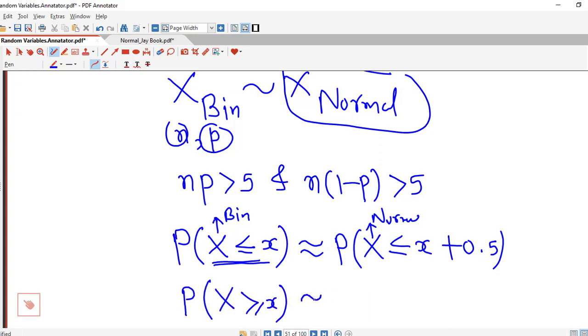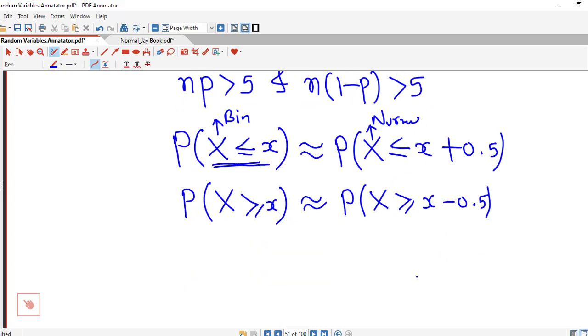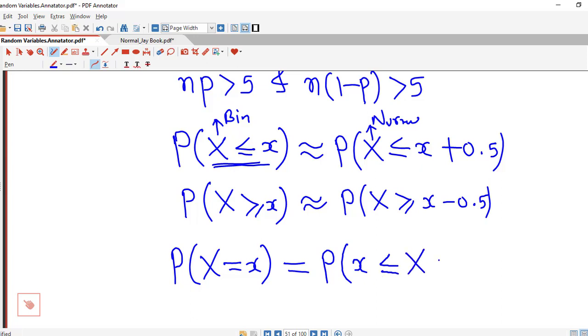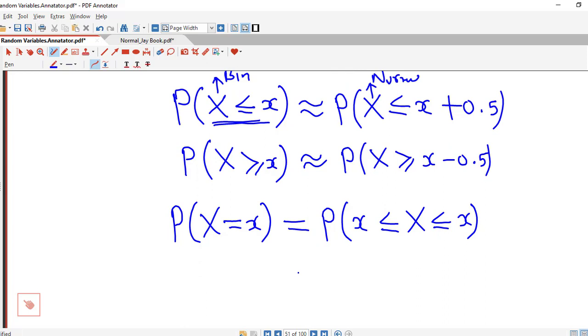But if we have this type of event, capital X is greater than or equal to x, we will consider subtraction of 0.5. And if we have this type of condition, capital X is equal to x, then this we can rewrite as x less than or equal to capital X less than or equal to x.